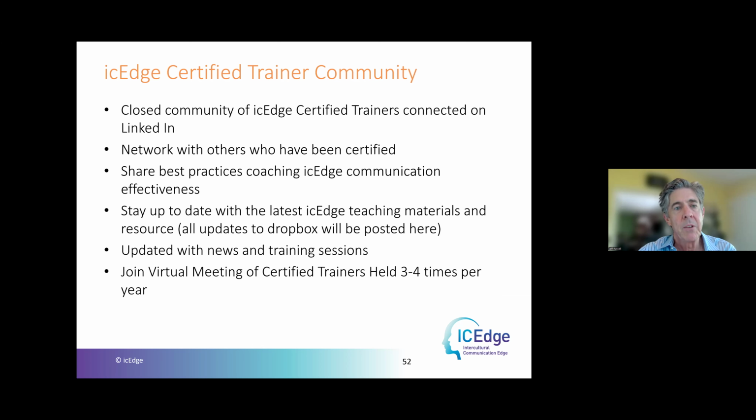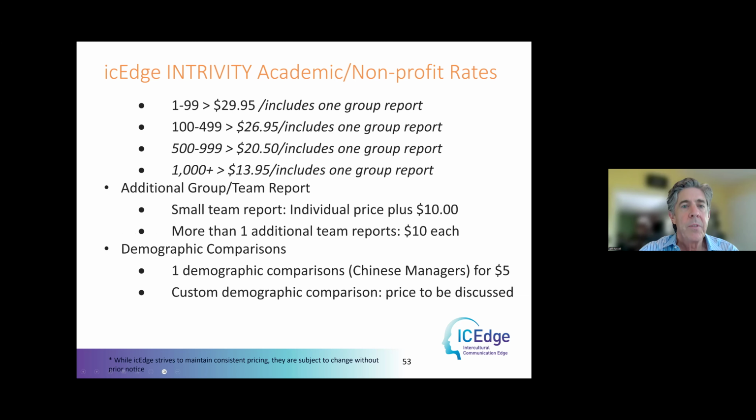Are you going to talk about this? Yeah. There's an academic rate, which is also a nonprofit rate, and it's a per person rate. As you can see, the rate goes down as you get up to the number of students. There's an additional fee if you want a small team report.